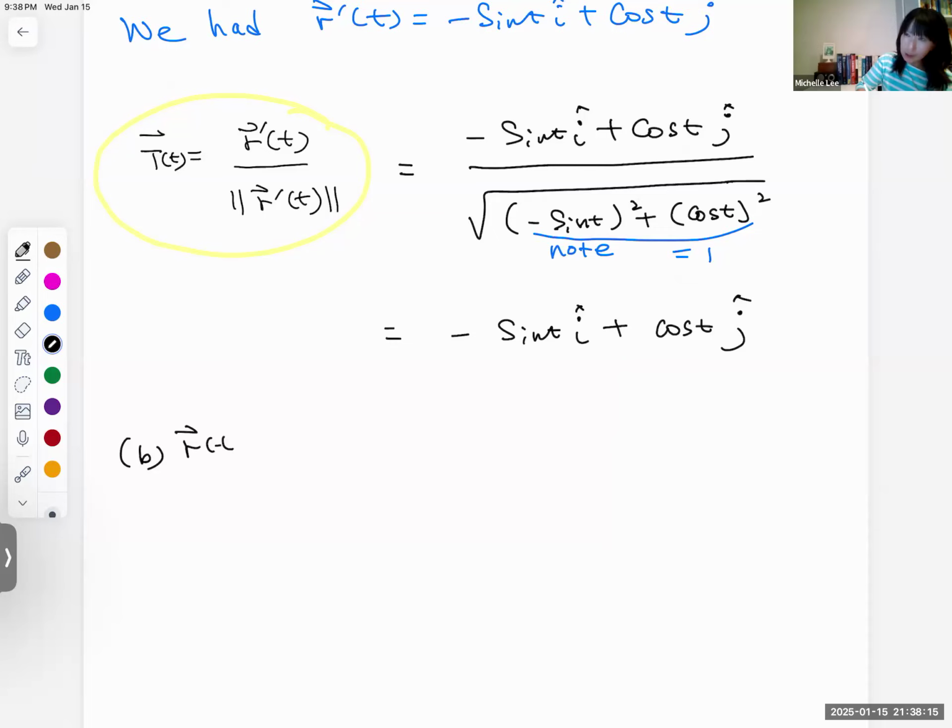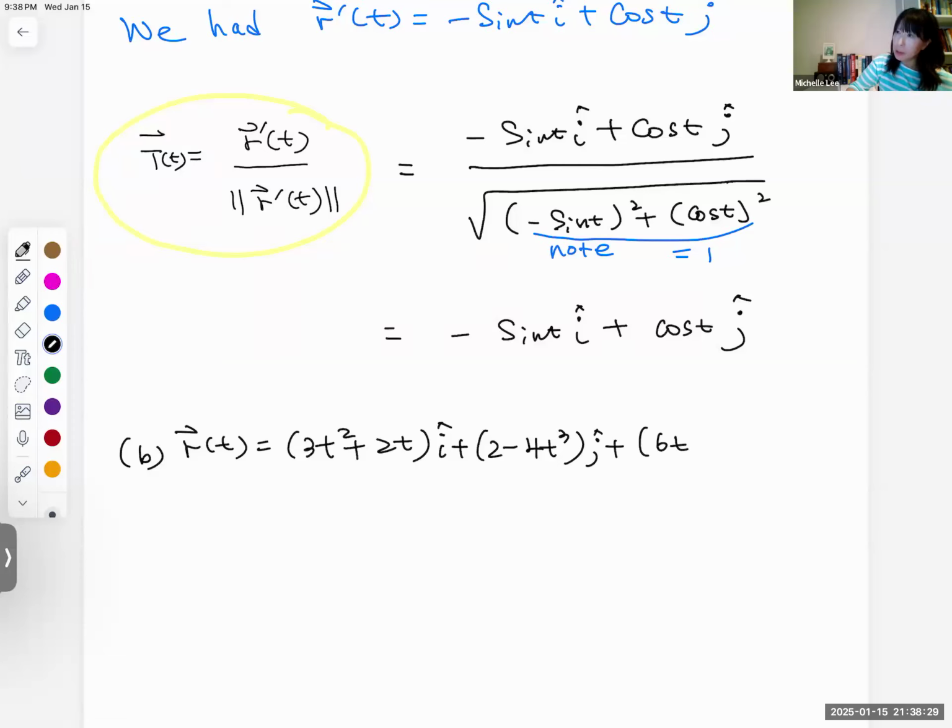So r of t equals 3t squared plus 2t i hat plus 2 minus 4t to the third power j hat plus 6t plus 5 k hat. Okay, so the unit tangent vector.